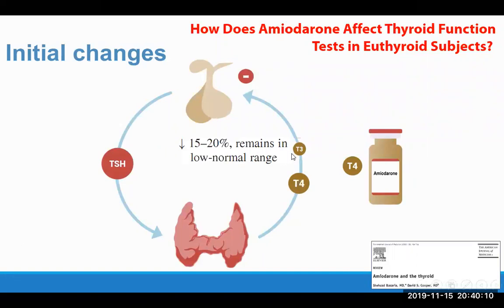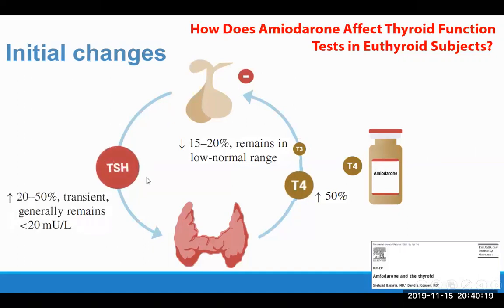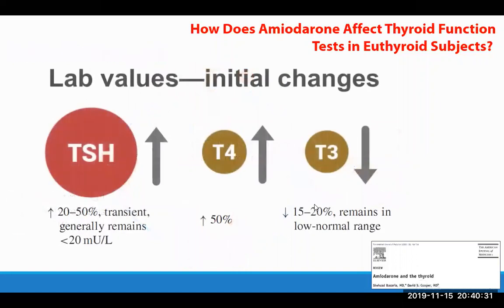After that, low T3 will give a negative feedback to the pituitary and the hypothalamus, which leads to a transient increase of TSH by about 20 to 50%. At the same time, due to the inhibited conversion of T4 to T3, T4 will be increased by about 50%. The net results initially change within 3 months of initiation of amiodarone.